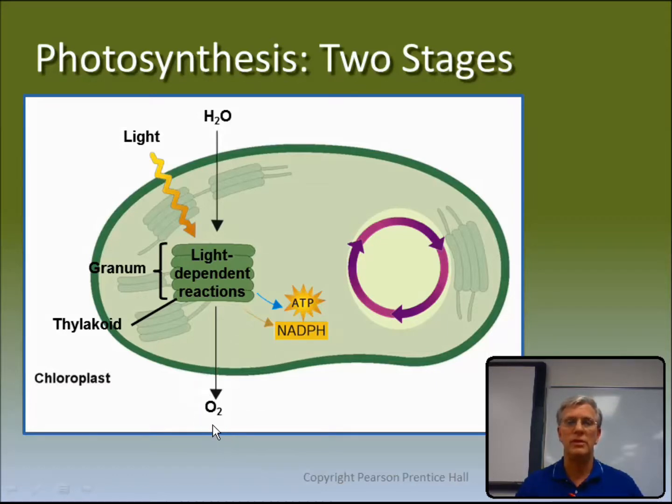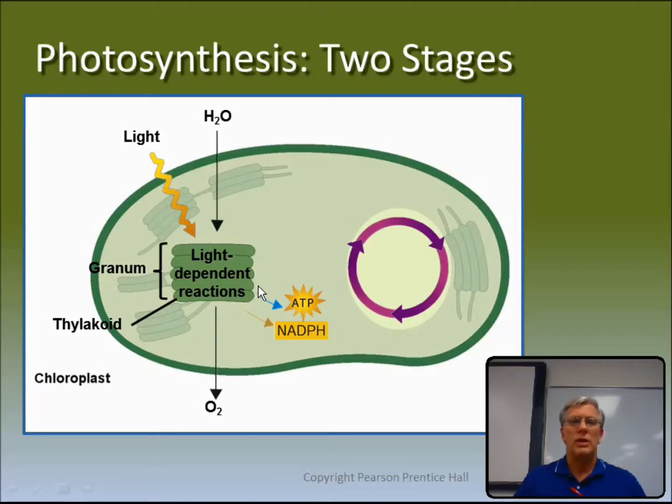That's what we breathe. And the hydrogens and some electrons are going to result from this splitting, and the hydrogens are going to end up right here in a molecule called NADPH. And I'll talk to you a little bit more about that in just a minute. And the electrons also will be in here.